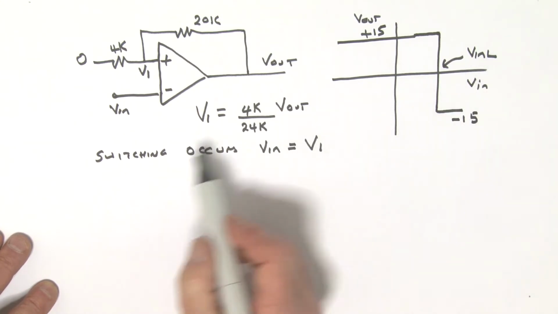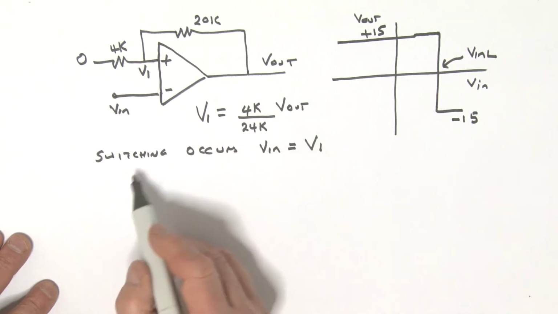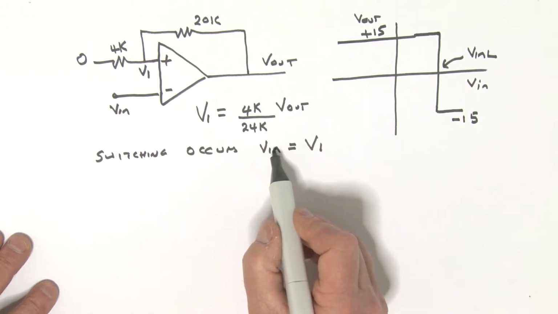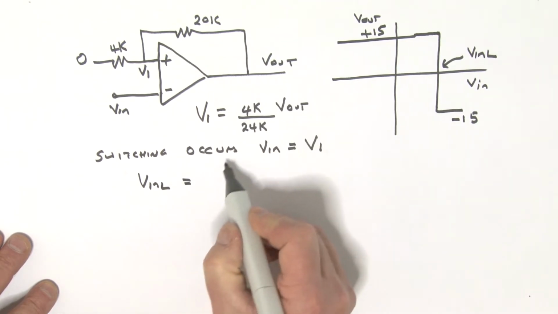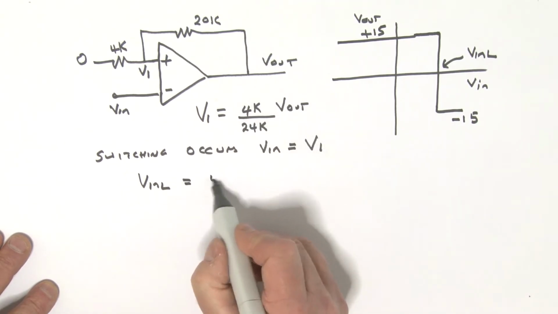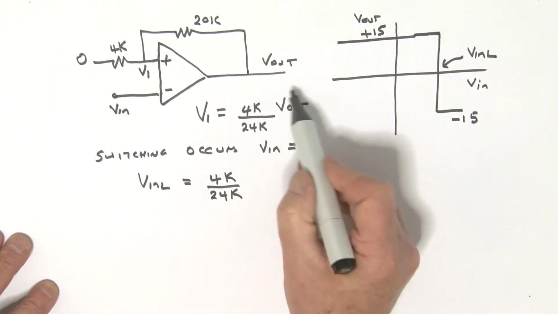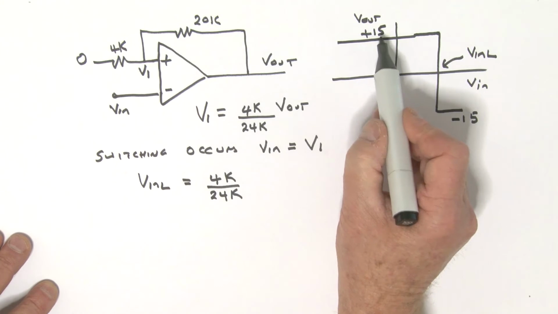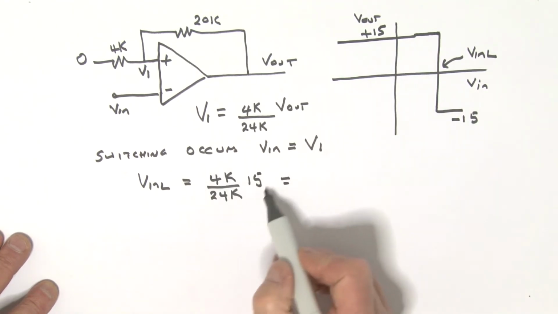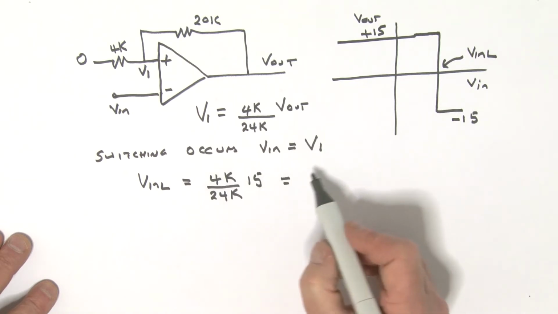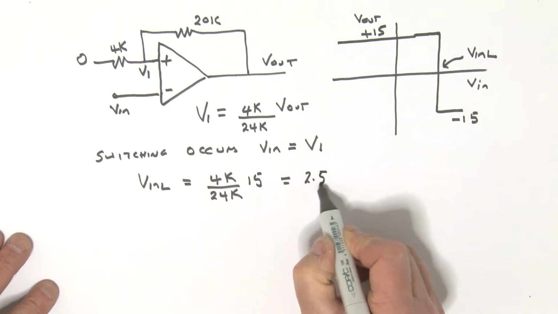All right, so let's now go ahead and simply evaluate that VNL. So VNL is really equal to V1, which is 4K over 24K, times V out. Well, our assumption was V out is a 15. And so therefore, if I evaluate that term there, this comes out to be 2.5 volts.